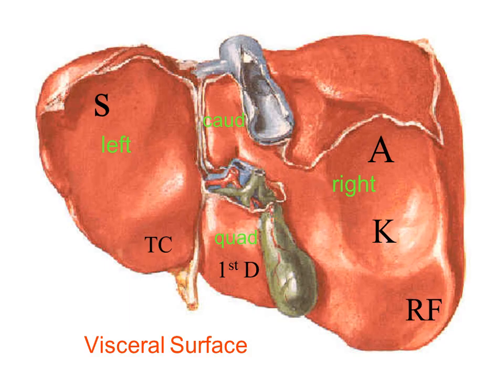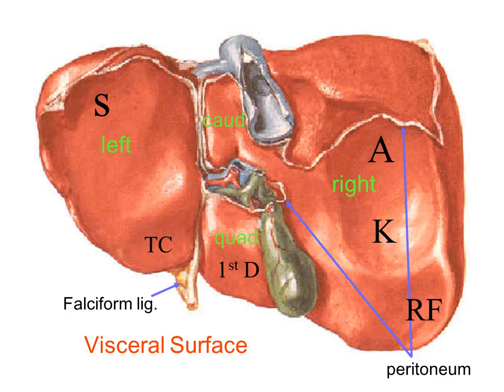In this picture, this is the visceral surface of the liver. We have the left lobe. We have S for the stomach impression, and this is the impression for the transverse colon, and here the falciform ligament, and this is the peritoneum.